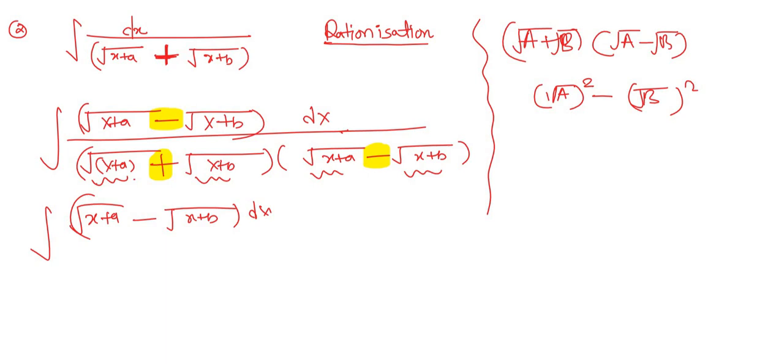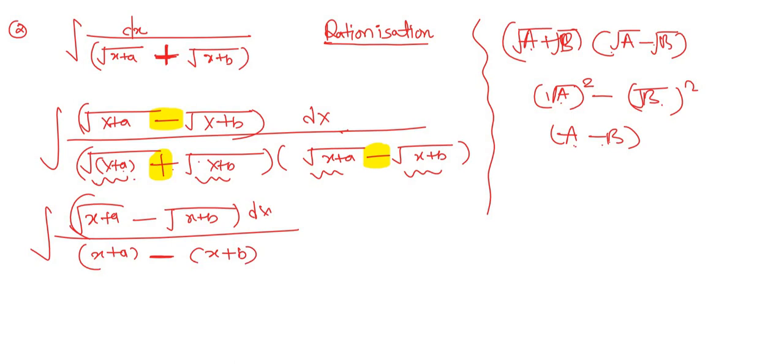Correct? So root and root will disappear, and we get a minus b. So when I do root a plus root b times root a minus root b, we get a minus b. So I am doing that here: a plus b, minus of x plus b. Fine.